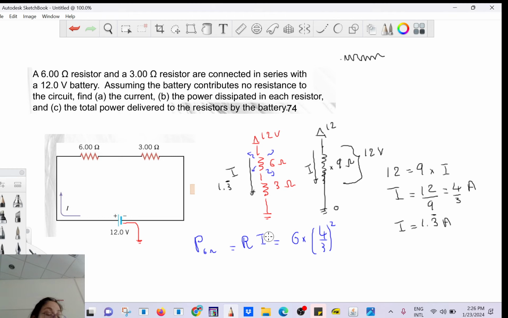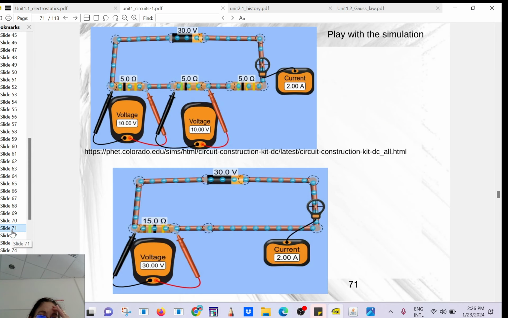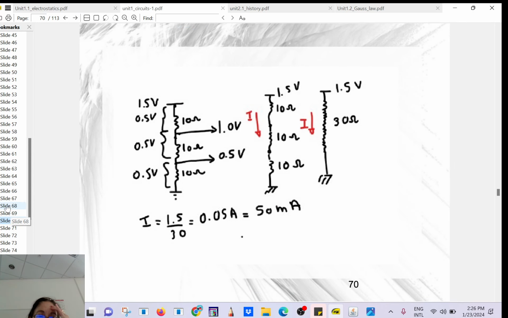Yes or no? So you can do V times I. You can do that, or... What's the power? Is it r square over I? No, r square I, or Ri square? No, I don't know.